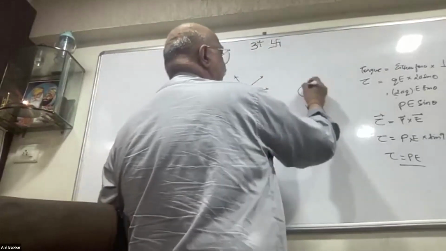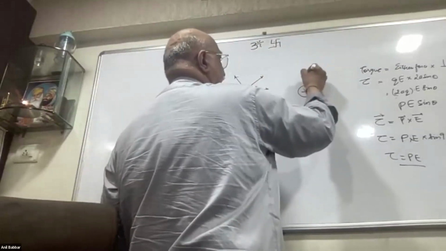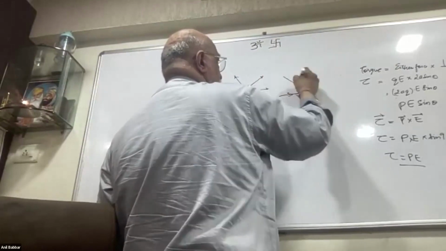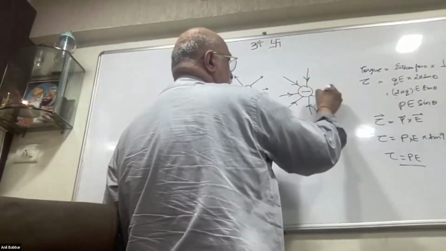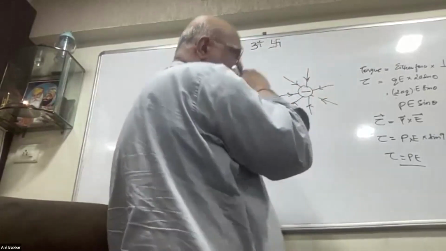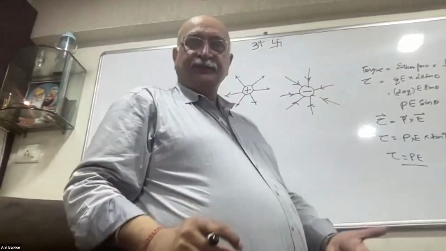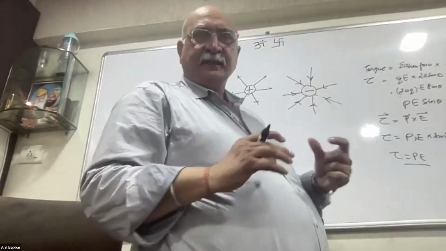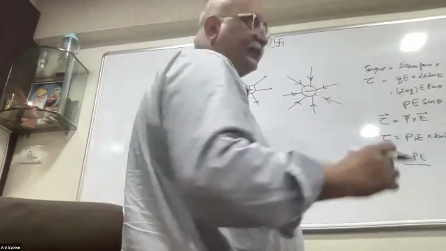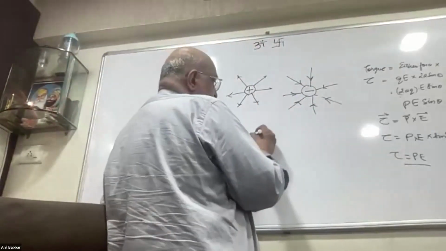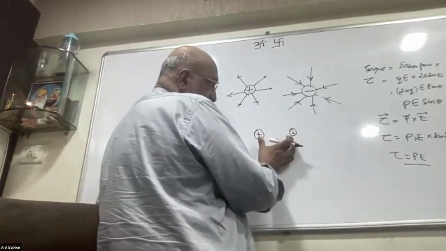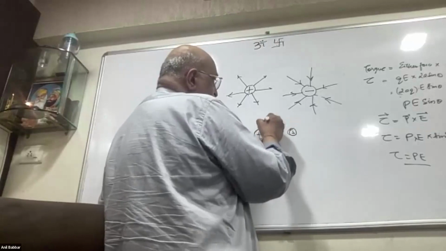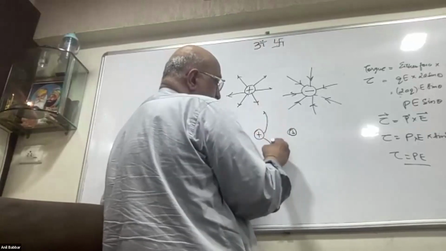And if it's a negative charge, it is inverse. Right? And suppose there are two positive charges placed in front of each other, then the electric field lines would be like this. This is a positive charge, this is a positive charge. Right? Here there will be a repulsion, so the electric field lines will move like this.